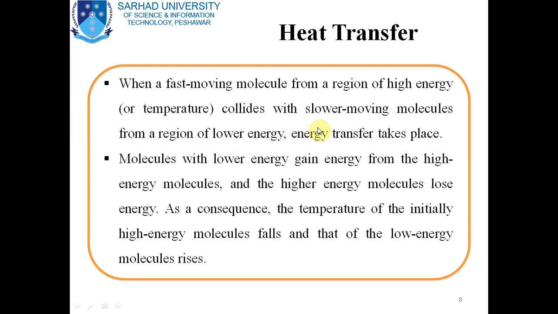Energy transfer will be possible if there is an energy difference, and the fast moving molecules of the higher energy region will travel to the slower moving molecules having a lower energy, and by this movement the collision between the higher energy and lower energy molecules occurs, and in this way the energy transfer takes place.